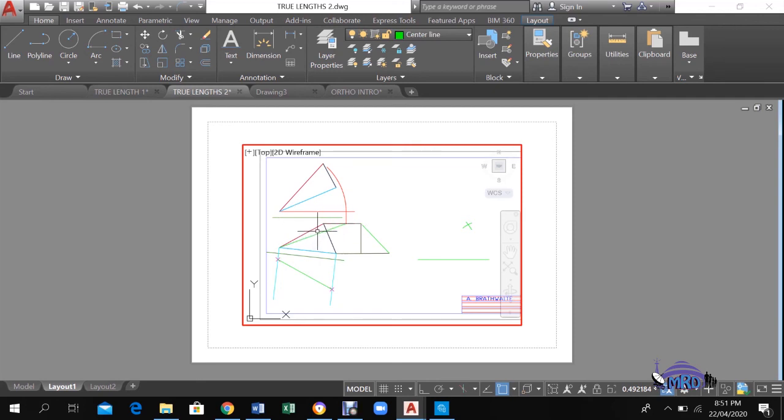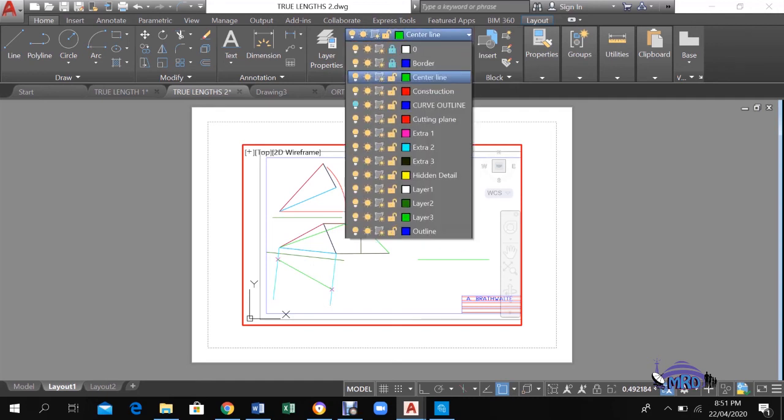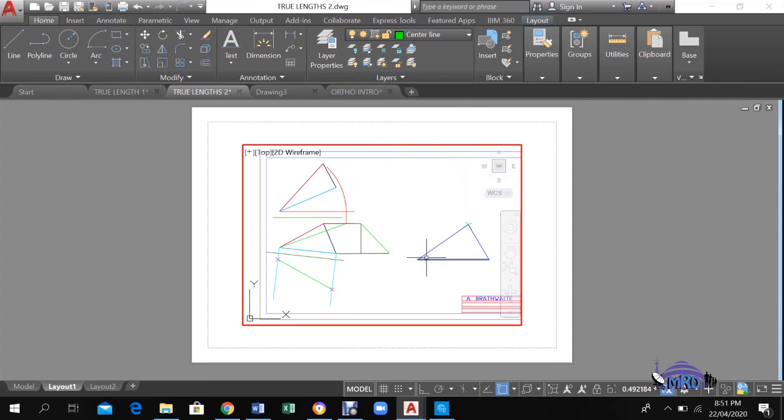And since you know these lengths, you can then quite easily construct a triangle given the length of those 3 sides. So that construction would then look like this. So each of these lines represents a true length. So the true shape of the lamina would now look like this.